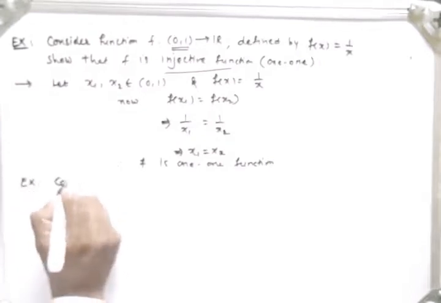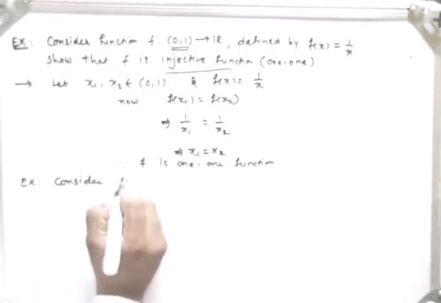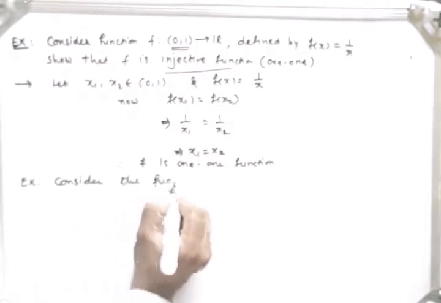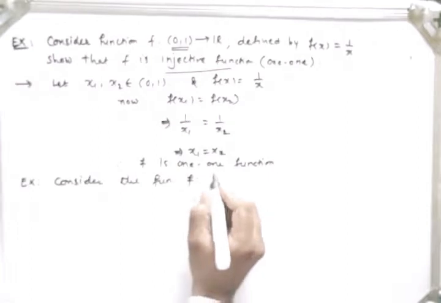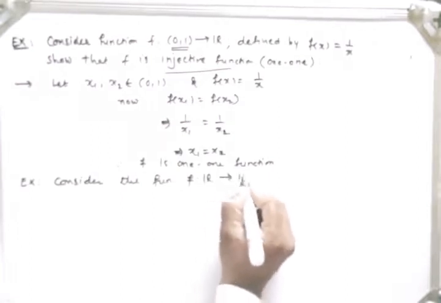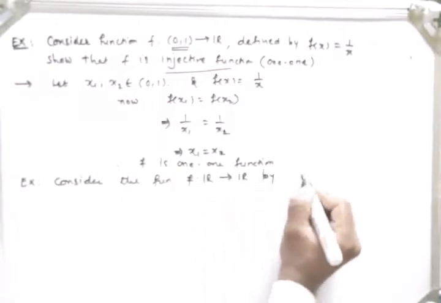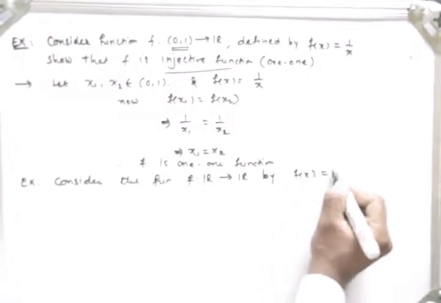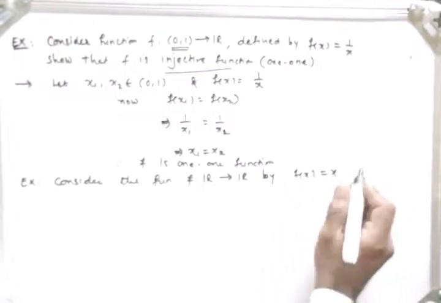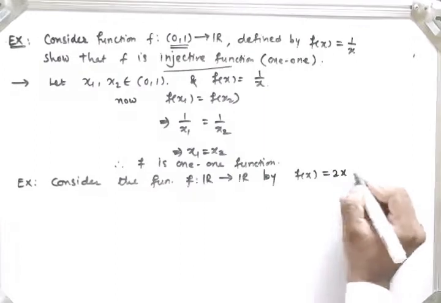Consider the function f from real numbers R to R defined by f of x is equal to 2x plus 3.